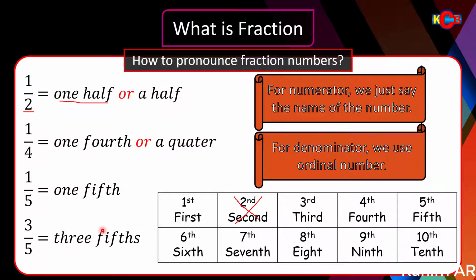Can you see something is different? As you can see, when the numerator is more than 1, the denominator is in plural form, meaning that you have to add s, such as 3/5.